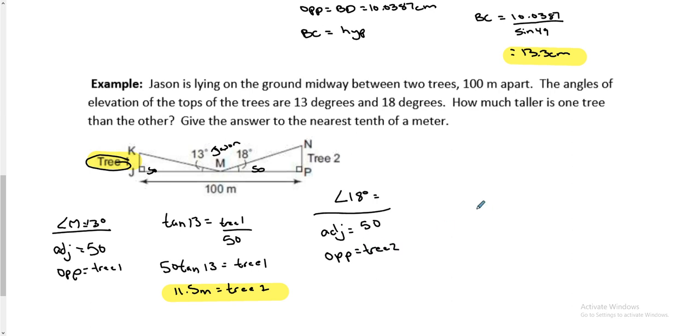We're going to use tangent again. You're going to use tangent a lot. So tangent of 18 degrees is equal to tree 2 over adjacent. So 50 tan 18 is equal to tree 2.